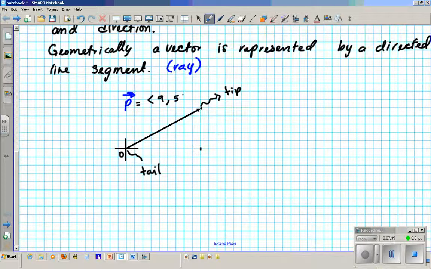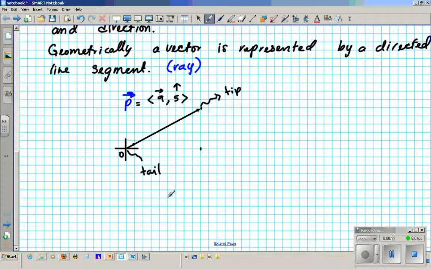If you don't have graph paper, that's fine. We're going to be using graph paper in a minute. So that coordinate representation of the vector just means I'm going 9 units to the right and 5 units up, starting from the tail or the origin 0, 0. This is another way that you can represent vectors. And the length of this vector, which can be found using the Pythagorean theorem, is the magnitude. We're not going to do that today. All we're going to be focusing on is how to manipulate these coordinates.